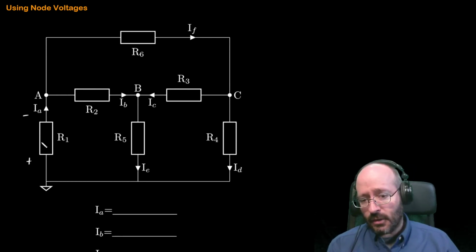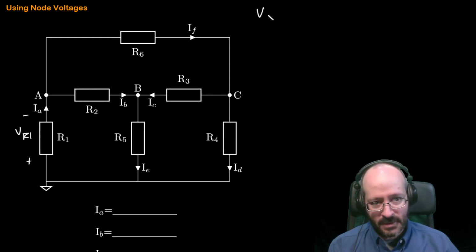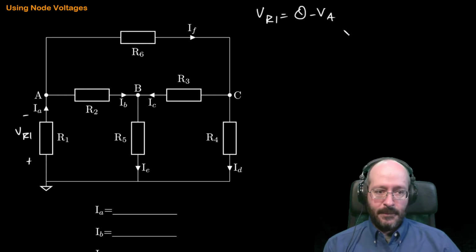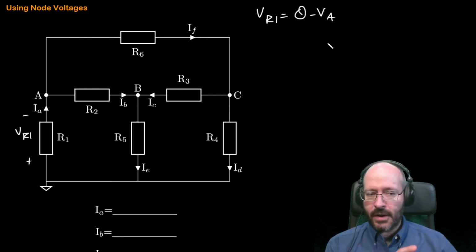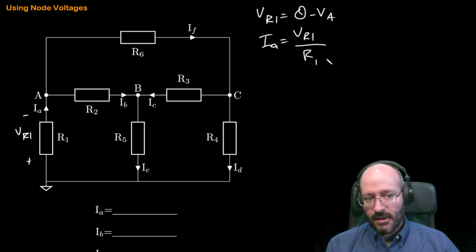Okay, so if I'm looking here, I can write that voltage. We can say VR1 is equal to 0 minus VA. So that's the voltage. If I want to find the current, this is IA, I can take the voltage across that resistor and divide by the resistance, and I have volts over ohms, and that's going to give me amps.